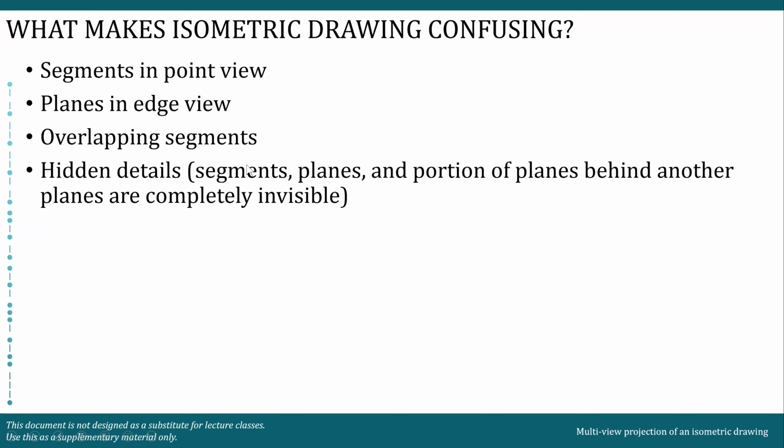Kasi, pagdating sa isometric drawing, segments, planes, and portion of planes behind another plane are completely invisible. So, anong ibig sabihin nun? Sa isometric drawing, walang hidden lines. Kapag hidden siya, talagang invisible talaga siya pagdating sa isometric drawing. Pero pagdating sa multi-view, nagiging hidden lines sila.